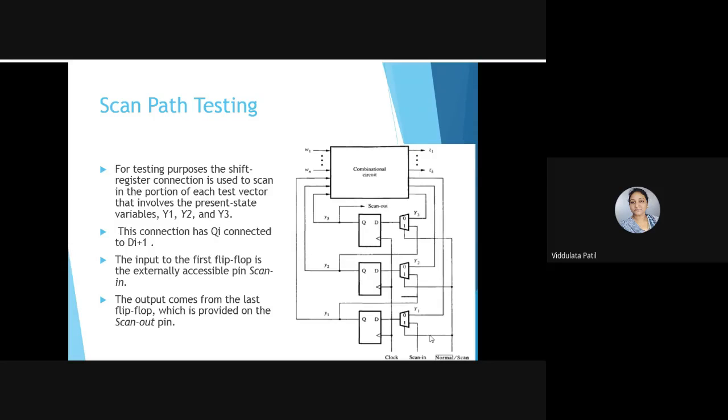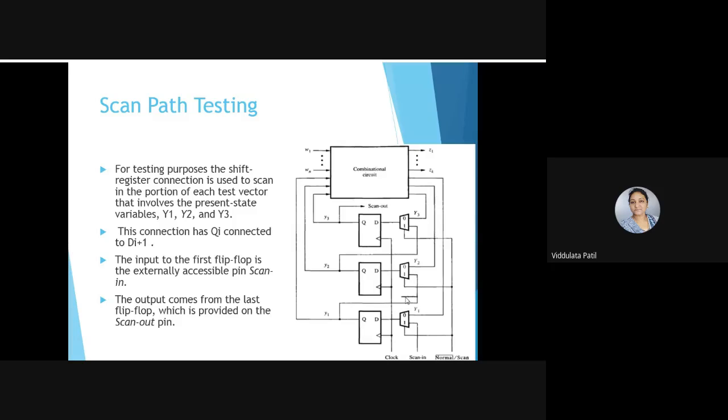So what are we doing? First, whatever Y1, Y2 and Y3 is present at this input terminal, we check it keeping normal bar or scan at 1, using 3 clock cycles. Once that is checked, then based on the inputs given here, W1 to Wn, we observe Z1 to Zk, and whatever Y1, Y2, Y3 comes, we load into these flip-flops using 1 clock cycle.